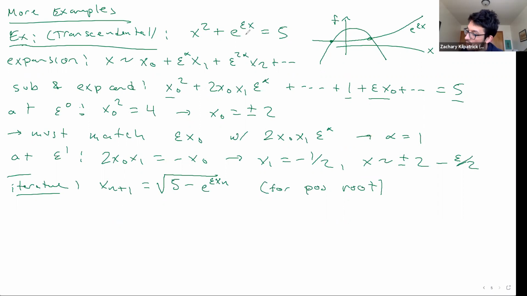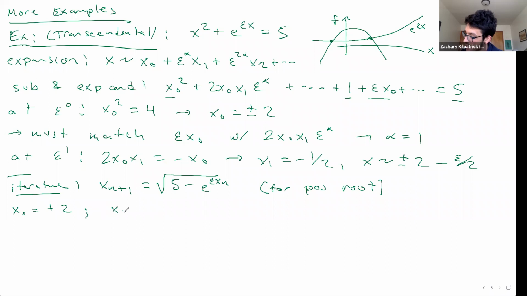So often a good plan is to just take the epsilon goes to 0 limit and use that as your first guess. So in that case, we know that x0 would be equal to just plus 2.